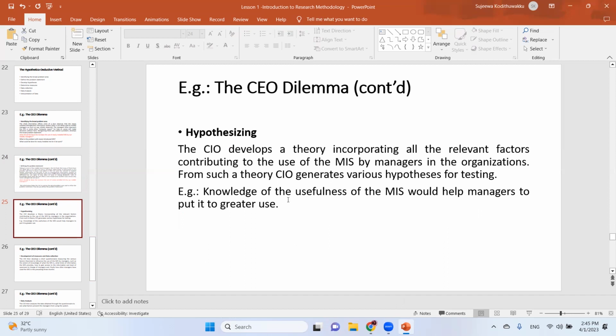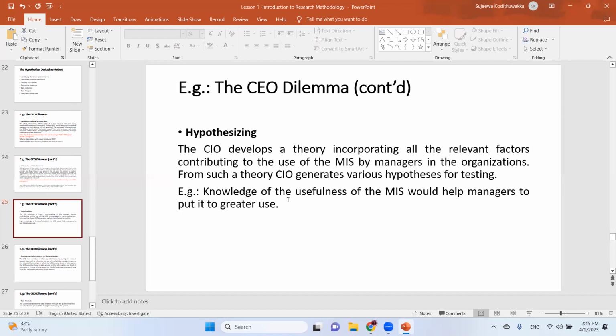Knowledge of the usefulness of the MIS would help managers put it to greater use. So the hypothesis means assumption. If we provide, let's say, training or knowledge about the usefulness of MIS, definitely it will help to increase the usage rate. So this is the assumption.